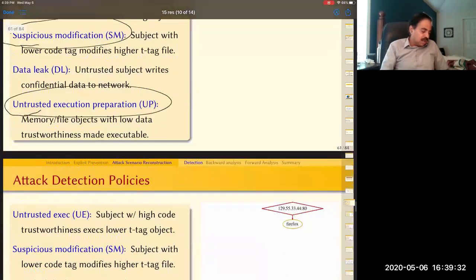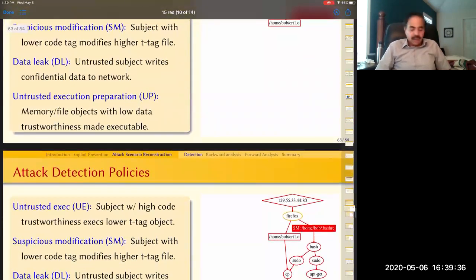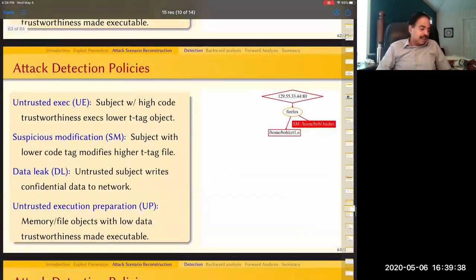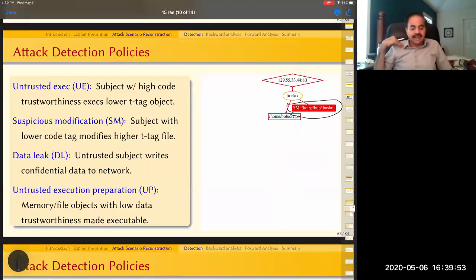And once these alarms go off, we can show the example over here. So for instance, here is an example where suspicious modification is detected because bashrc is normally a benign file.